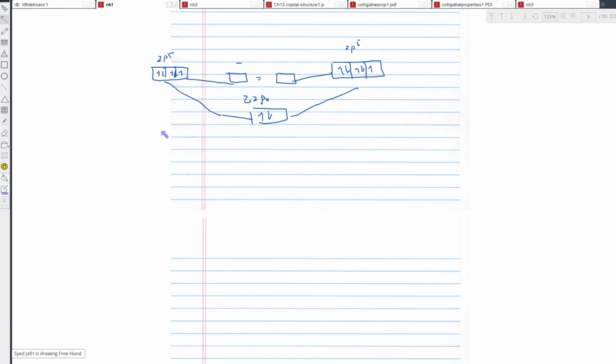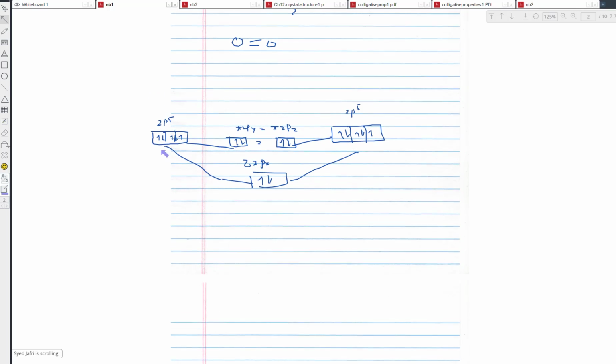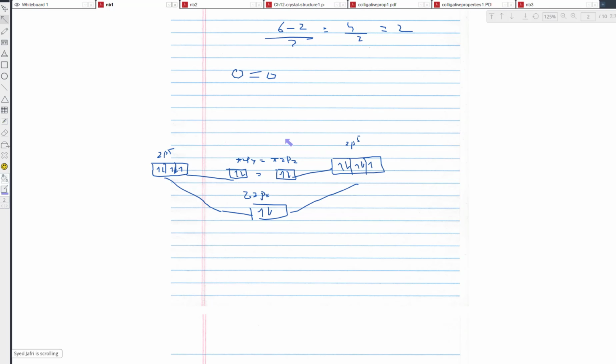This is pi 2py equal to pi 2pz. 1, 1, 1, 1. So far how many have I used? 2, 4, 6. And we have 10 to use, right? Okay. So now I'm going to make another one here, equal energy. This is going to be pi 2py equal to pi 2pz, but star, anti-bonding.